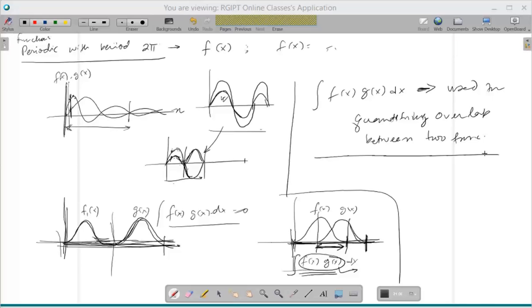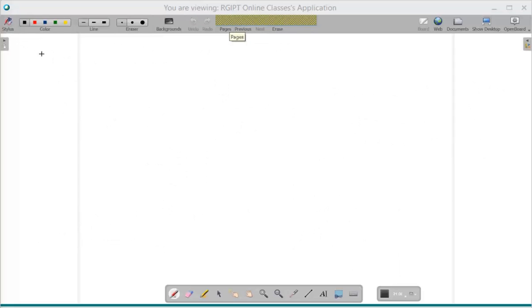Right? Okay. So now we are going to talk about periodic functions with a period 2 pi, and these can be expressed in terms of basis functions, which may be orthogonal basis functions.